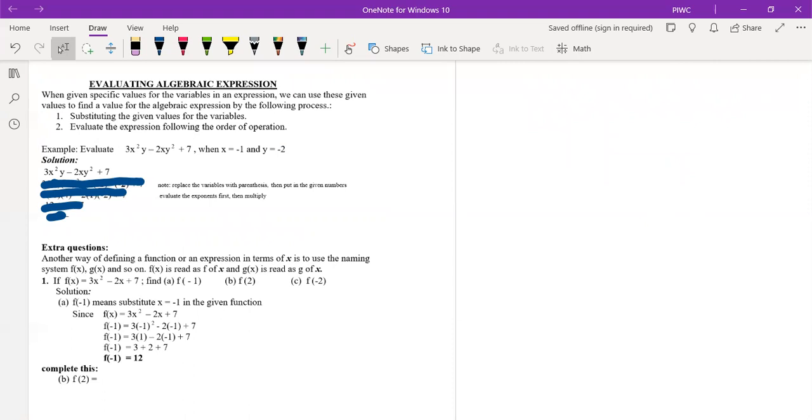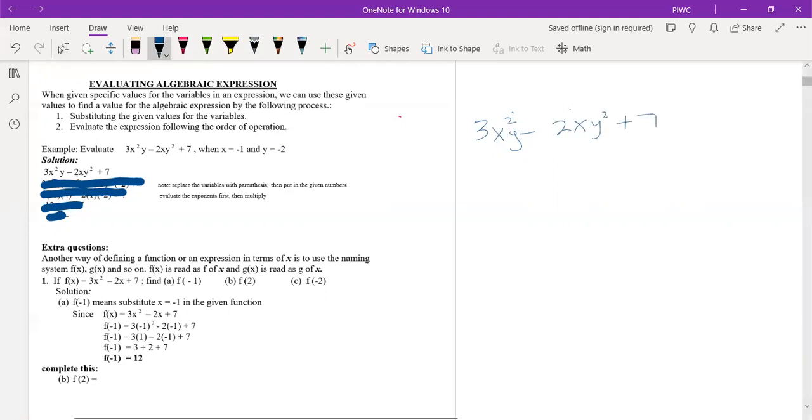For example, you've been given 3x squared minus 2xy squared plus 7, let's rewrite this out.